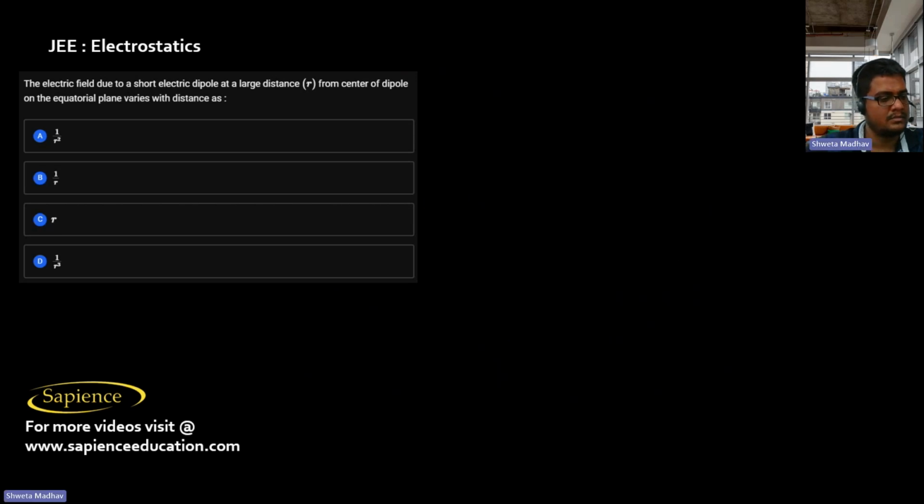And here it's told that the electric field due to a short electric dipole at a large distance r from the center of the dipole on the equatorial plane varies with distance as.